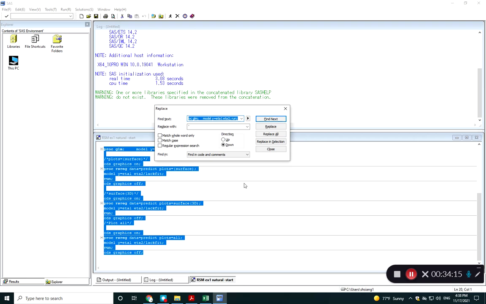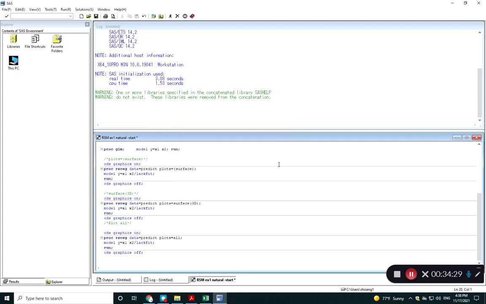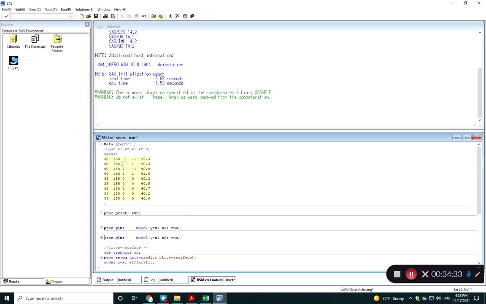Control H, change eta to X. Now I'm running the regression based on here. The input I have x1, x2, and here I need to change it back to eta 1 and eta 2.